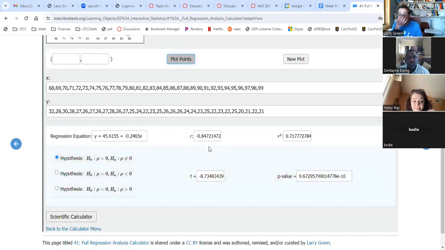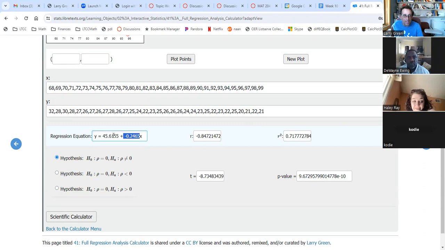So do you remember that the slope, when we have a line, and here's the equation of the line, y equals 45.6155 minus 0.2465x. So if you remember, the slope of a line is the number in front of x. In this case, it's negative 0.2465.